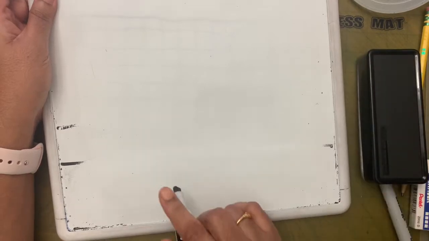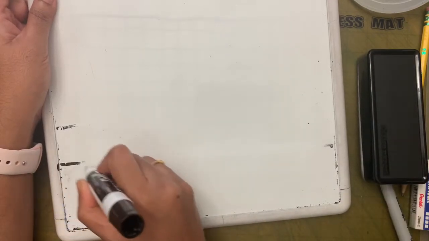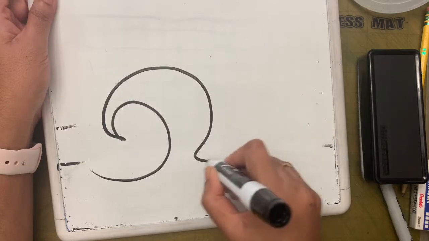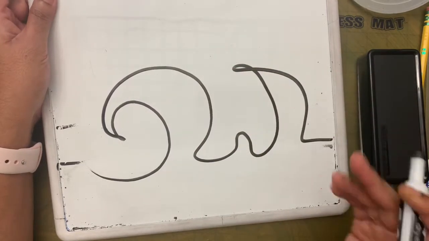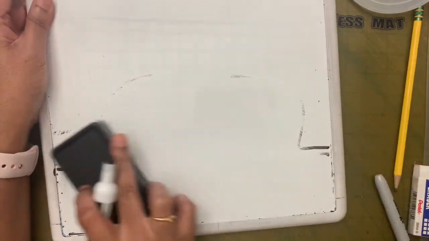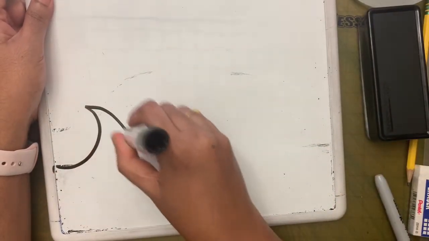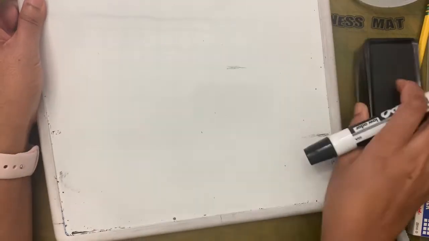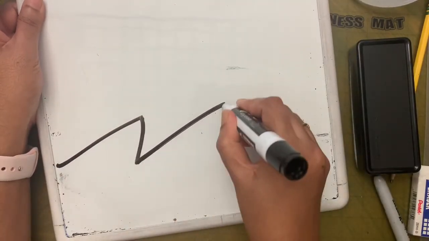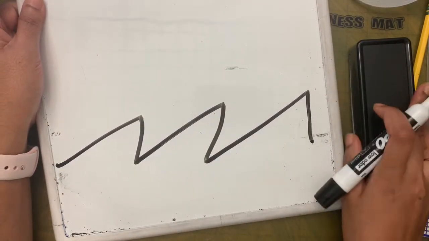You can draw a wavy line, if that is what you want. If you want to draw a zigzag line, you can draw that, right?